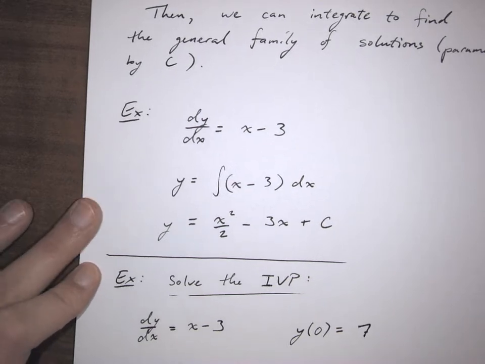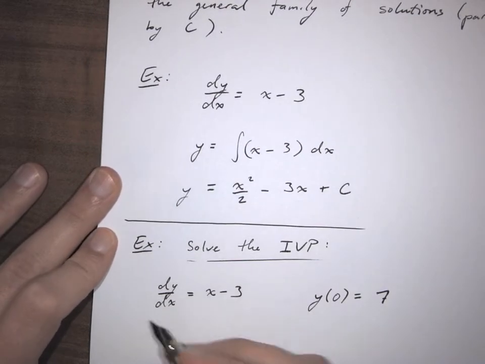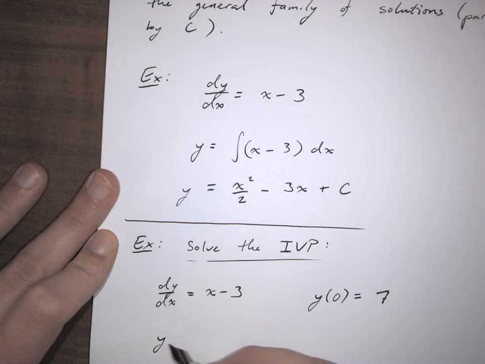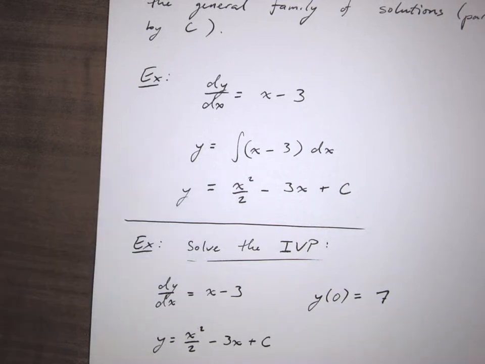Now this is particularly easy in this case because we already know how this is going to shake out. It's going to shake out into this x squared over 2 minus 3x plus the mysterious constant c.